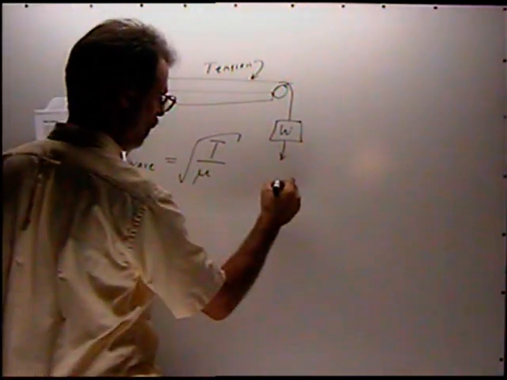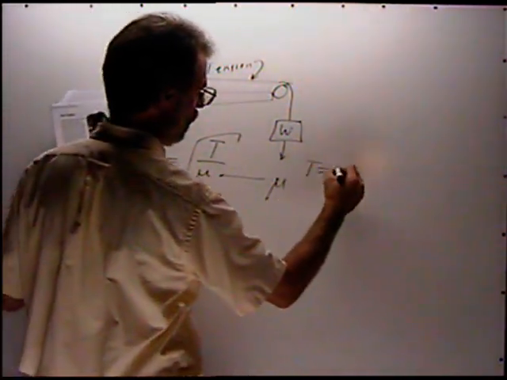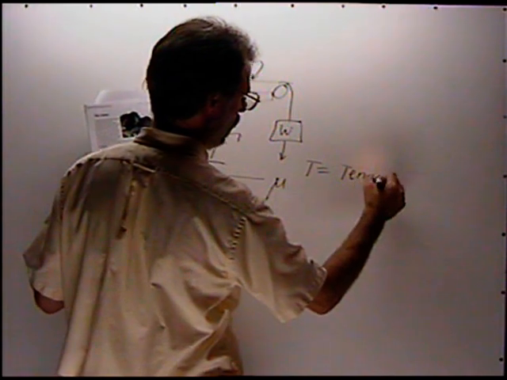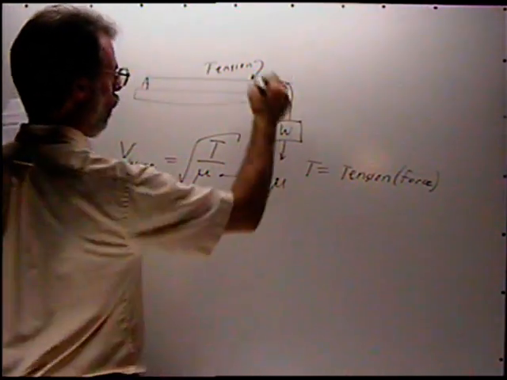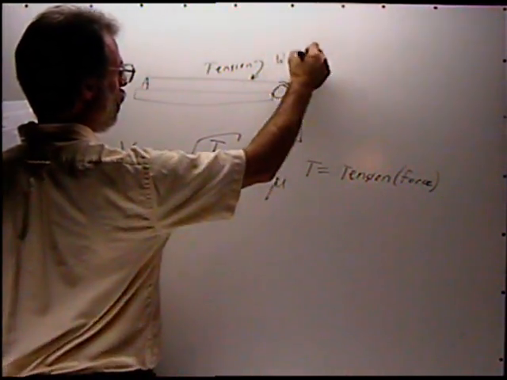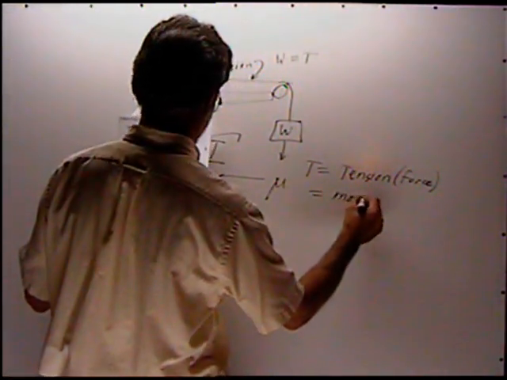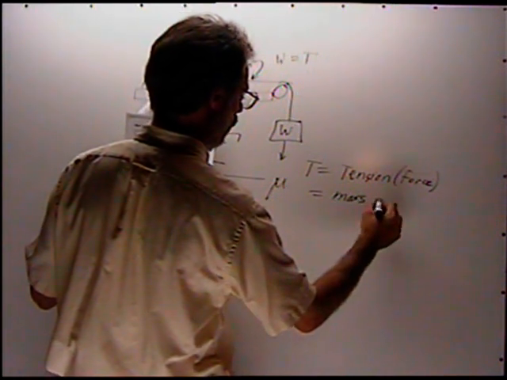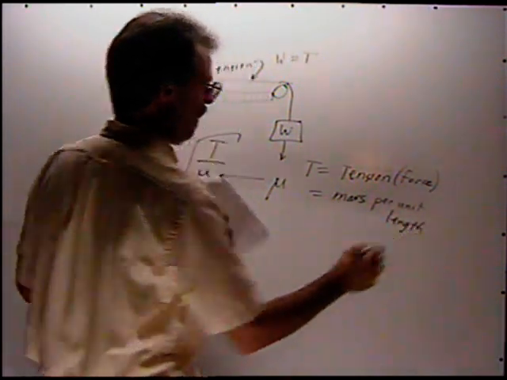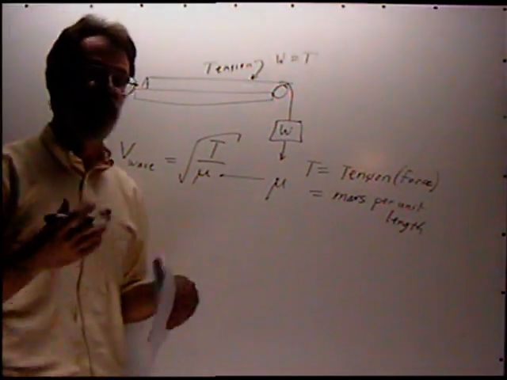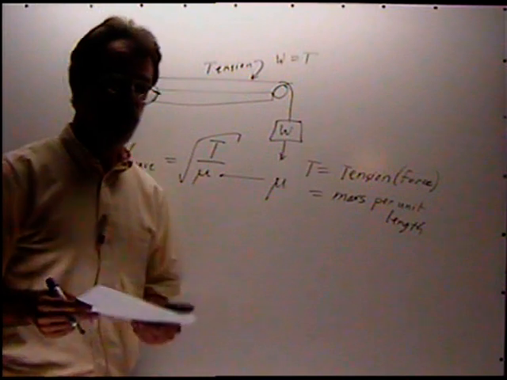And this constant, mu, right here, this T here is a tension. Remember, that's a force. So the weight here will be the tension. This mu here is the mass of the string per unit length. Okay, so it's like the kilograms per meter of the string. So for a string, it's going to be a small number.